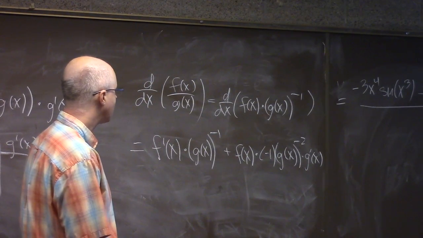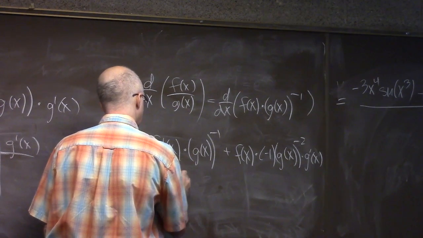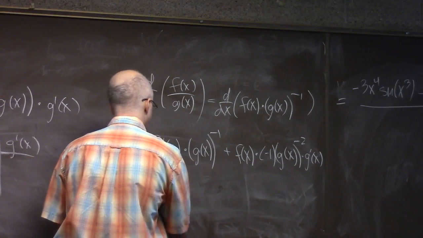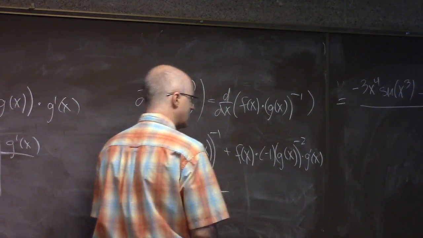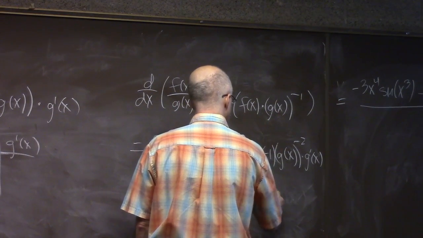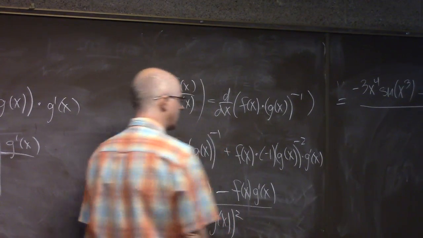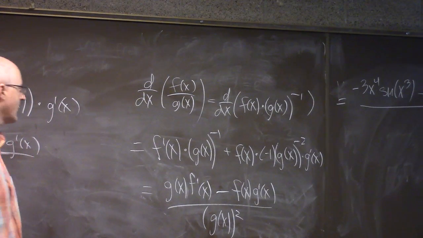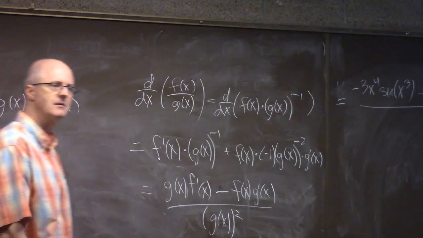Now simplify, get a common denominator of g of x squared. If you do so, notice the minus sign there, you're going to get the quotient rule by combining these as fractions. Low d high minus high d low over the square of what's below.